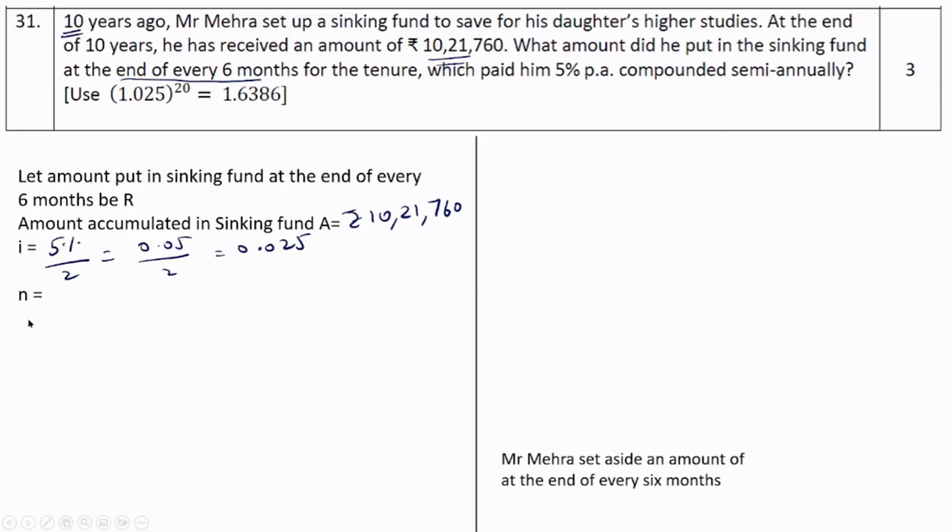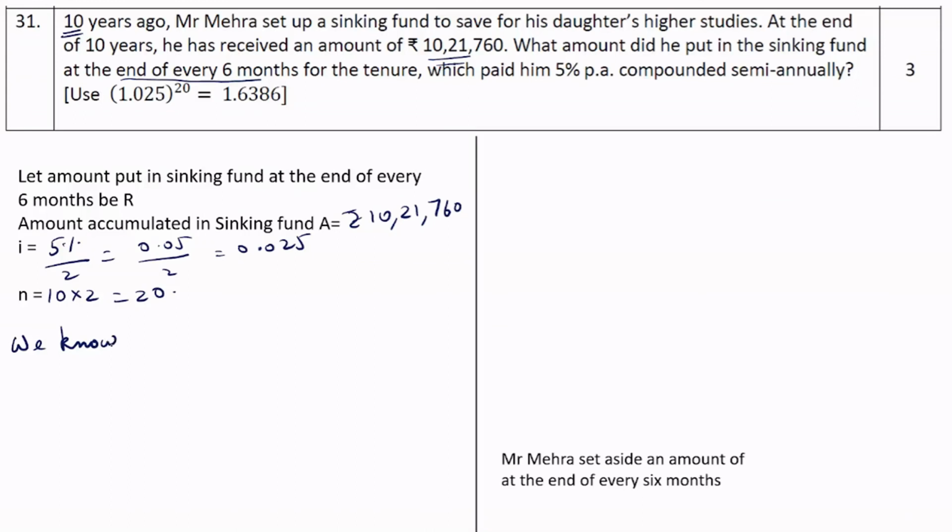N: it is put at the end of every 6 months and the time period is 10 years, so the number of conversion periods is 10 into 2, which is 20. Now we know the sinking fund formula, and we can use it to find R.